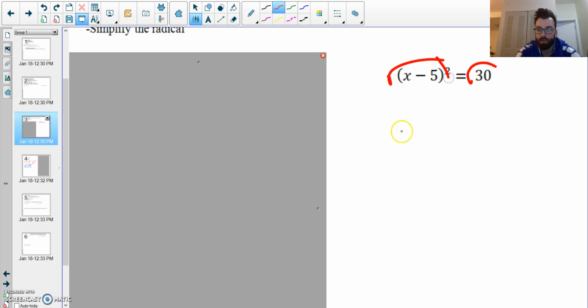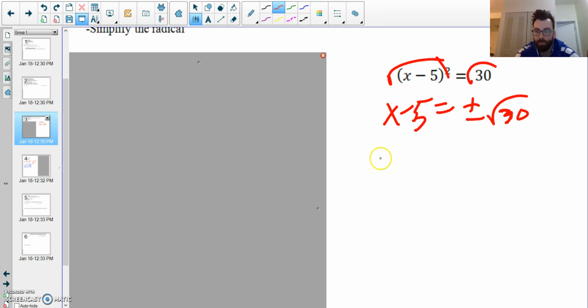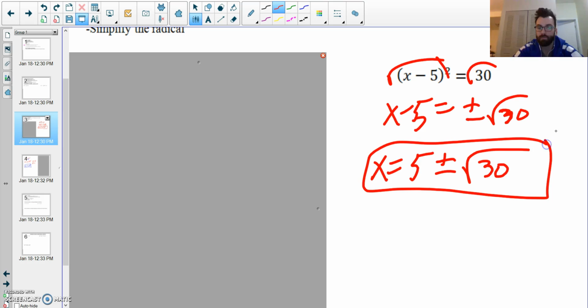The square and the square root drop out. I just have x minus 5 equals plus or minus root 30. Now 30 does not simplify, so I'm going to leave it as the square root of 30. There's not a perfect square that multiplies into root 30. So I'm going to add 5 to both sides and leave this as x equals 5 plus or minus the square root of 30. Just like that.